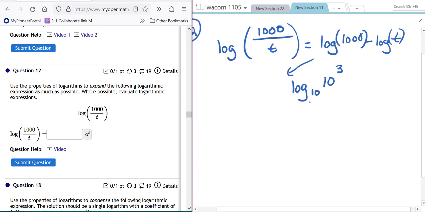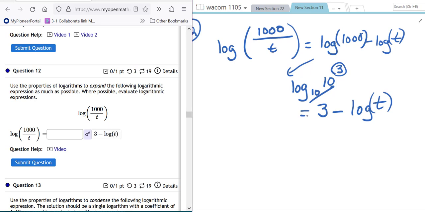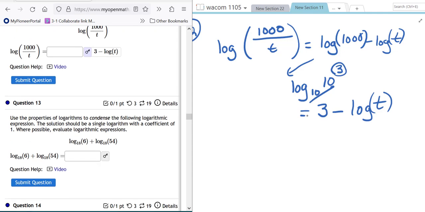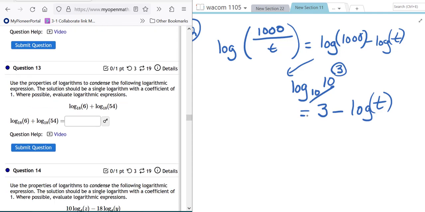And then you can simplify because your base is the same. This is a 3. So 3 minus, the other piece you can't do anything with. So it is going to stay, and we have 3 minus the log of t. So that is expanding.